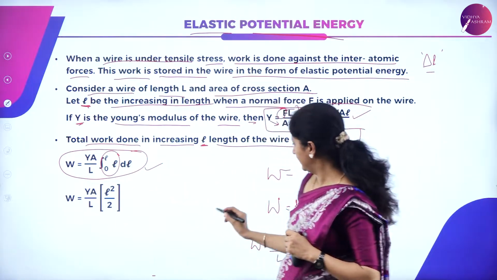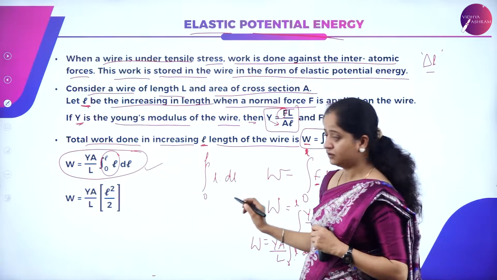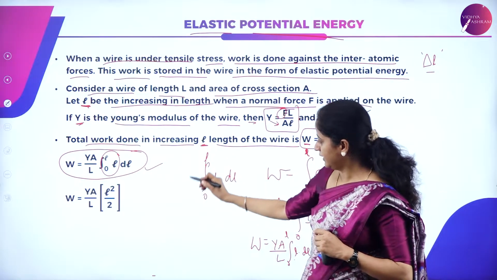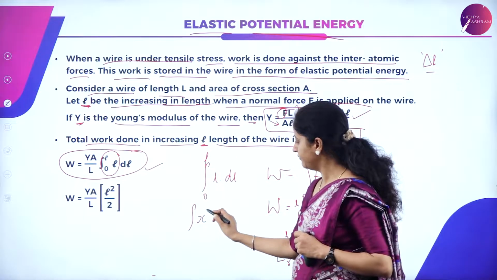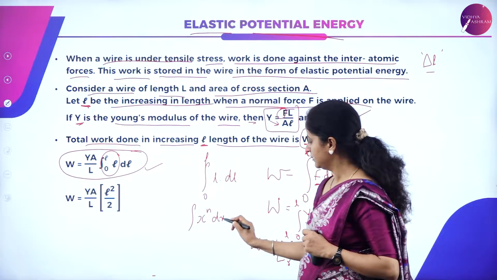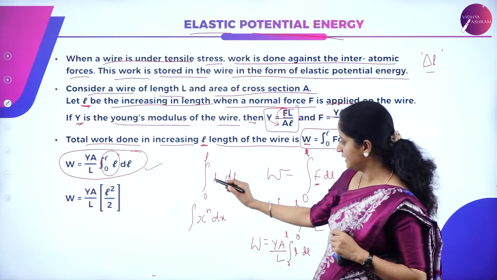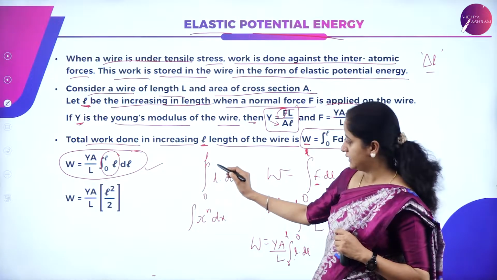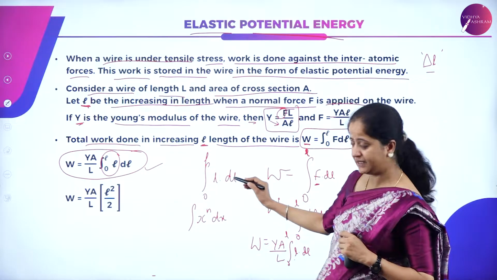So look at this. It is of the form 0 to L, L into DL. Look at this carefully. Now looking at this, it is of the form integral of x power n dx. This is the standard form, integral of x power n dx. Here we have L power 1, n is 1 here, no power means it is nothing but 1, so L power 1 dl.